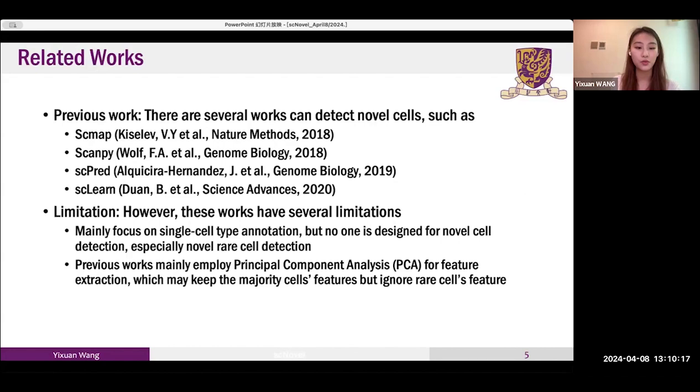Also, previous work mainly employed simple methods like principal component analysis for feature extraction. The limitation here is that PCA will keep the majority cells' features but usually ignore some weak rare cells' features.